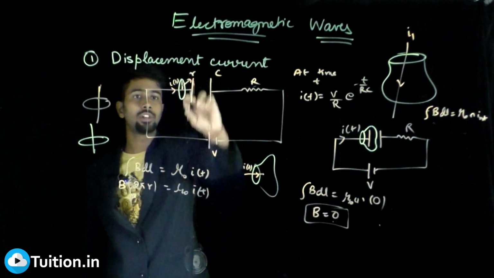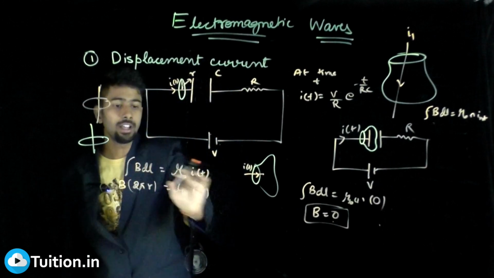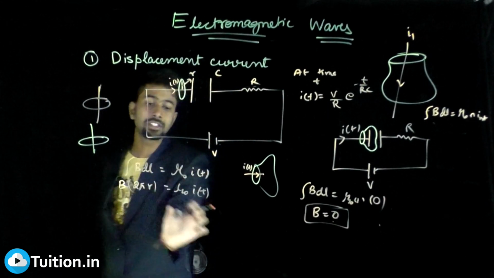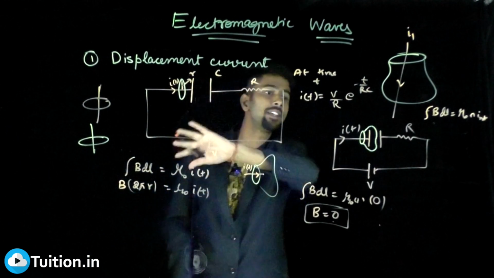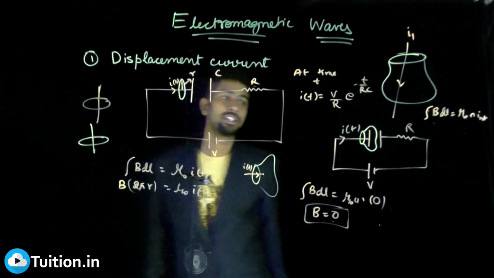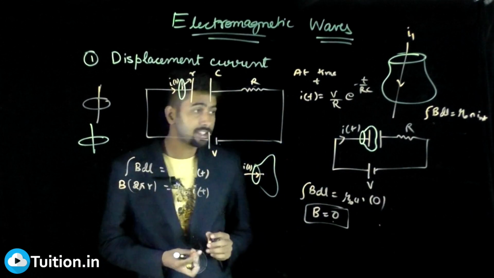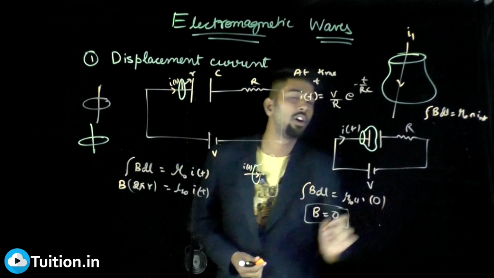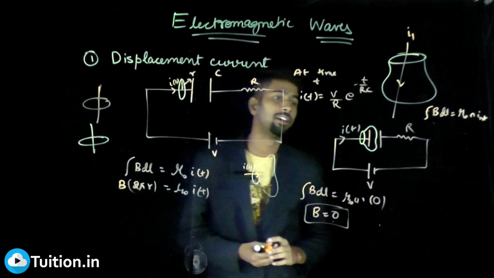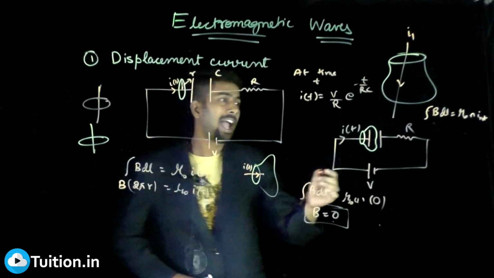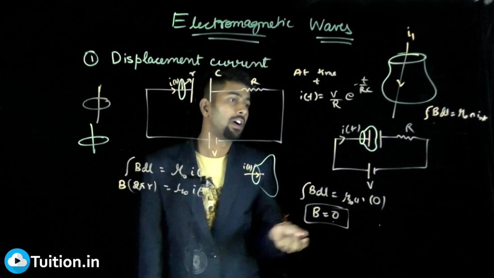But in this case, for a similar boundary, I'm getting some value for the magnetic field. So why is this contradiction happening when I change my surface? That is because this form of Ampere's law is not the complete form actually.